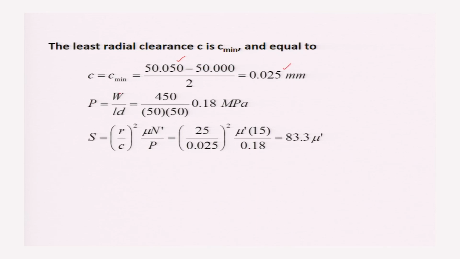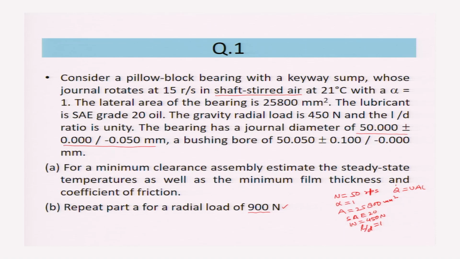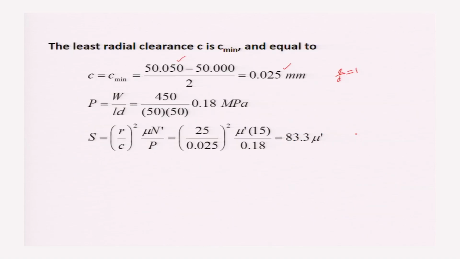The unit bearing load W is your 450, L by D is taken as 1, and the diameter of the shaft is given, through which you determine the clearance.